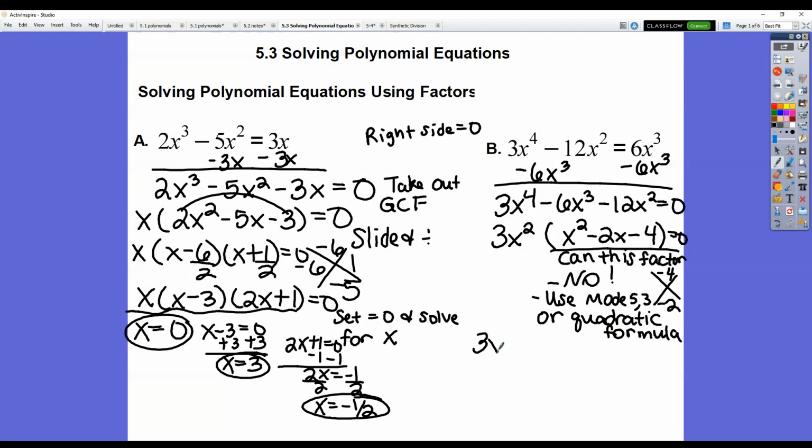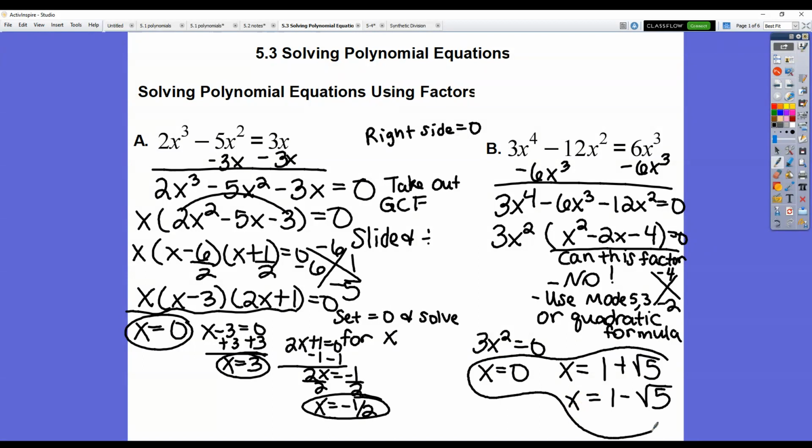So don't forget, this would be x equals 0. Mode 5-3 would give us 1, negative 2, negative 4. So that would give us x equals 1 plus the square root of 5 and 1 minus the square root of 5. So these are your 3 answers.